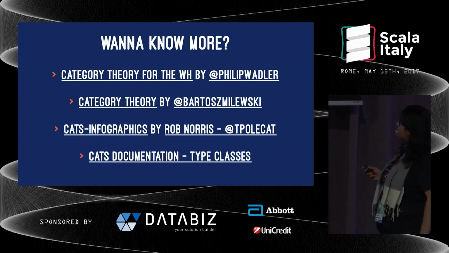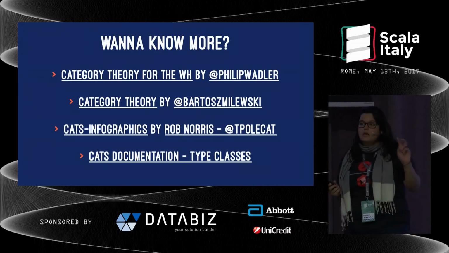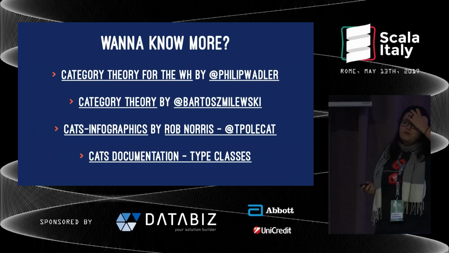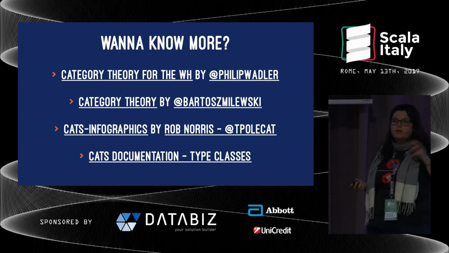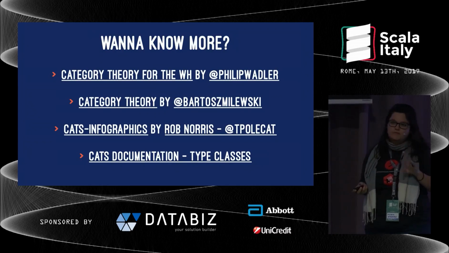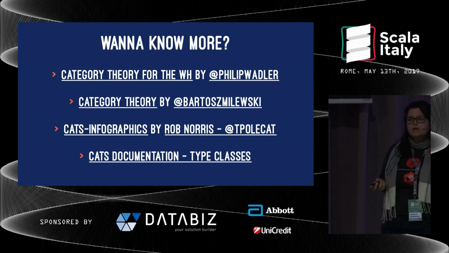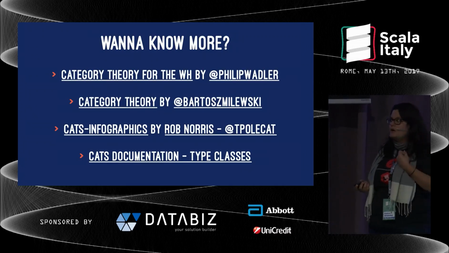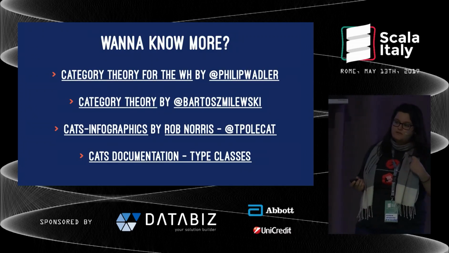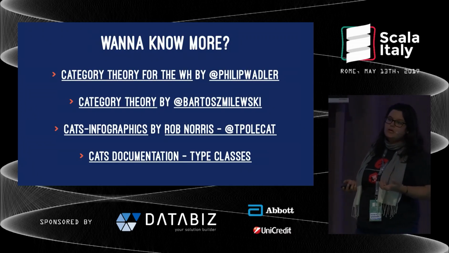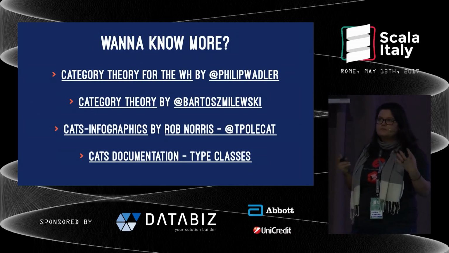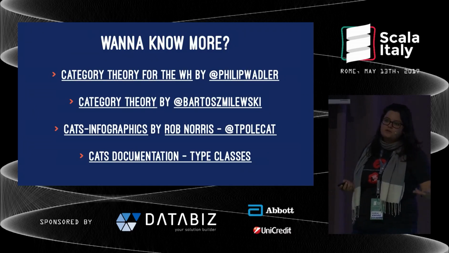Then we have Mr. Bartosz that did a few free videos on YouTube about category theory. It goes quite deeply into the mathematical details of it. But the thing that I really like about his videos is that at the end of each video, he does this kind of practical intuition that kind of reminds ourselves that at the end of the day, we are programmers, not mathematicians.